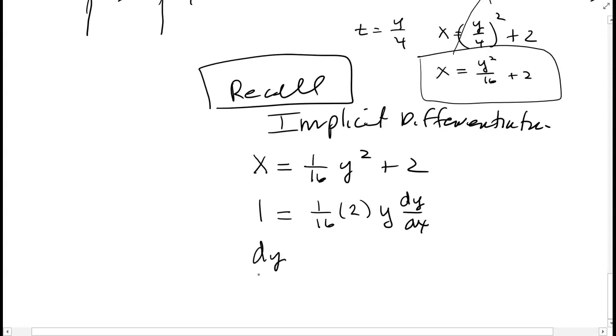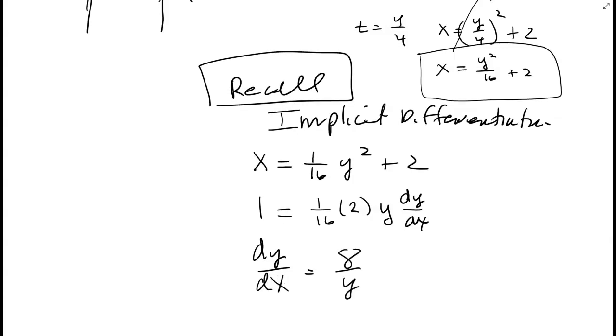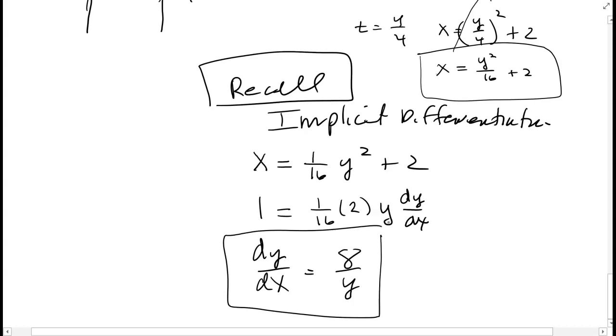But then you had to come over here and solve for dy dx. So this ends up being 1/8 y. So you move it to the other side, and it becomes y over 8 times dy dx, you multiply it by the reciprocal of y over 8, which is 8 over y. And that's what your derivative is, which if you recall, becomes much more complicated the more y's and dy's you have in the problem.